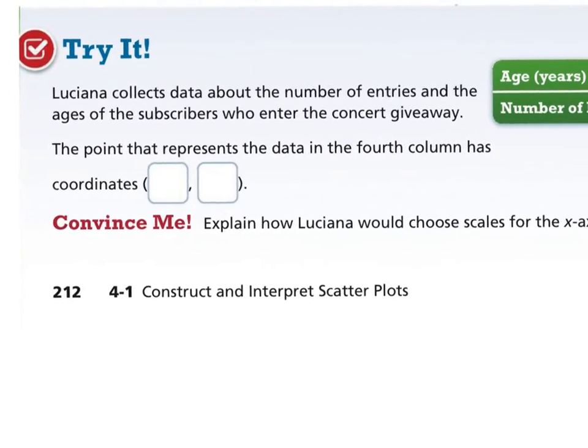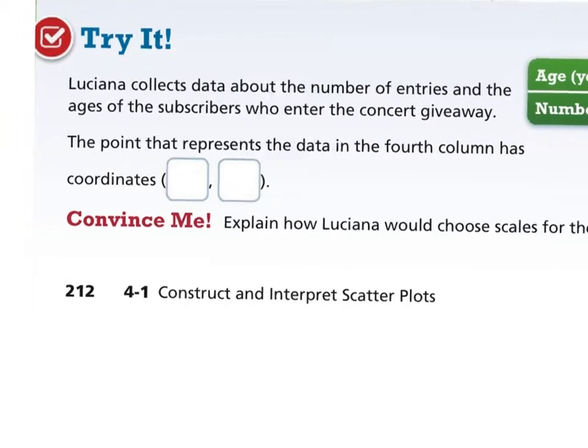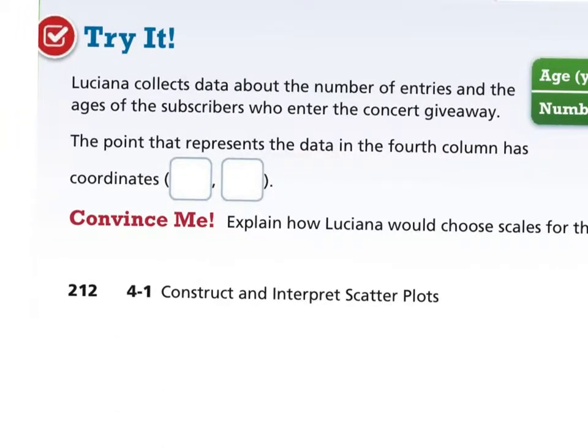On the Try It, Luciana collects data about the number of entries and the ages of the subscribers who enter the concert giveaway. So there's some information in the table. The point that represents the data in the fourth column has what coordinates?